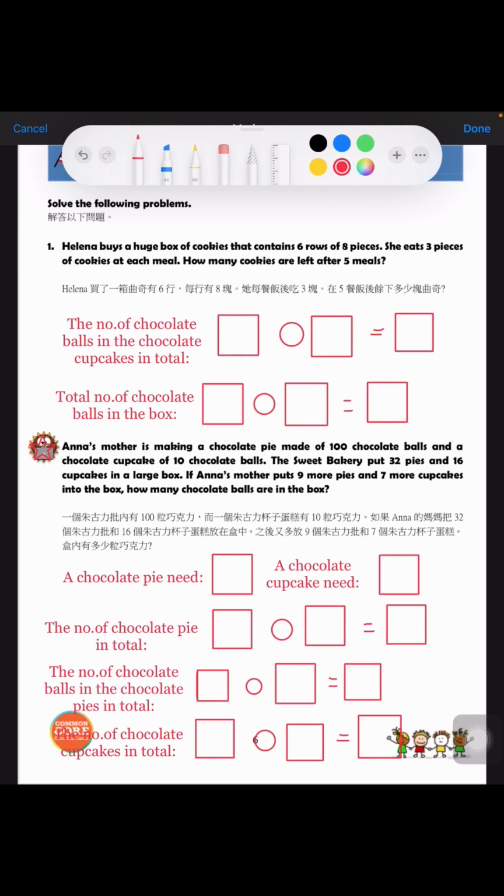Anna's mother is making a chocolate pie made of 100 chocolate balls and a chocolate cupcake of 10 chocolate balls. The sweet bakery puts 32 pies and 16 cupcakes in a large box.